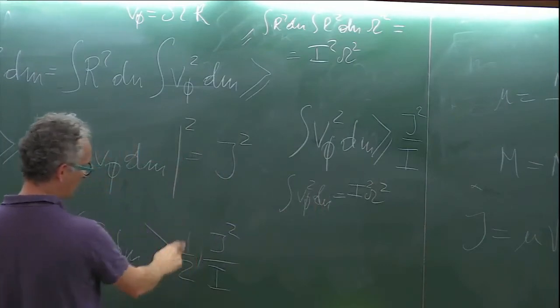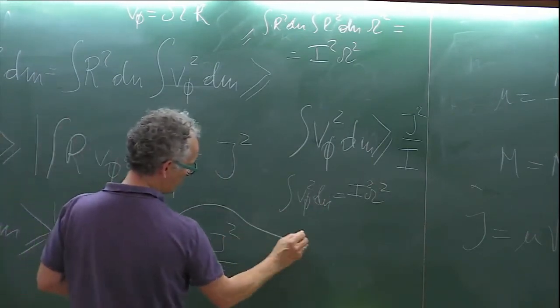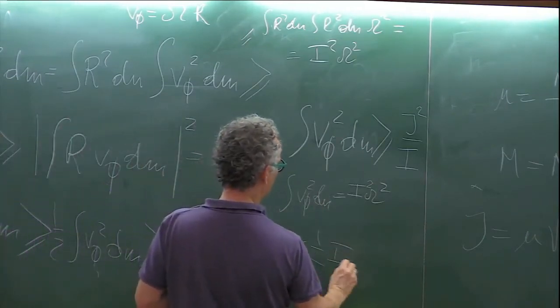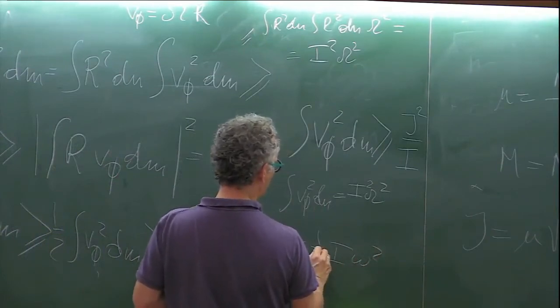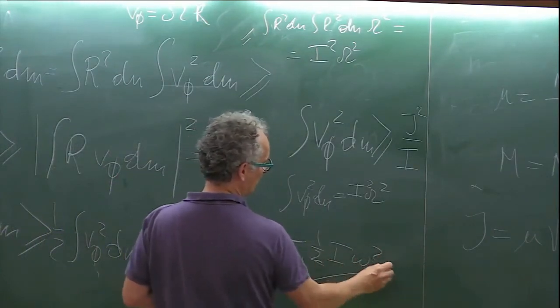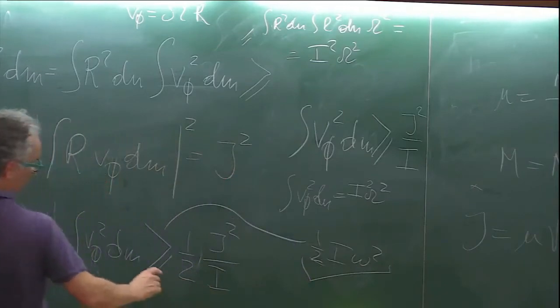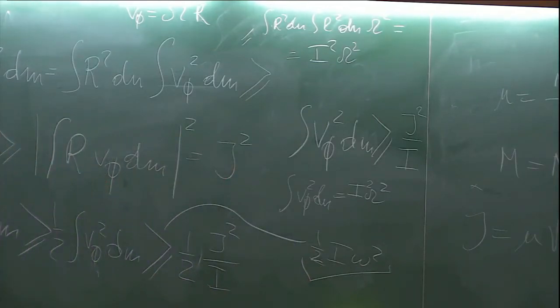So in this case we would have 1/2 I omega squared, which corresponds to the kinetic energy in the case of the rigid rotation.